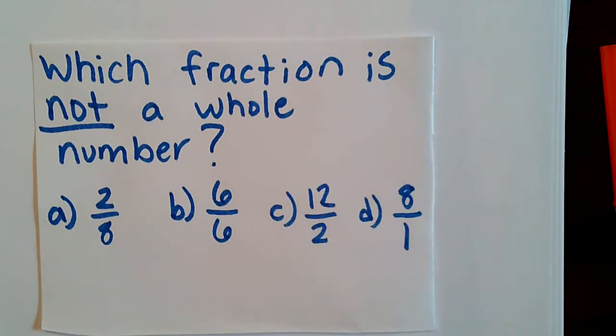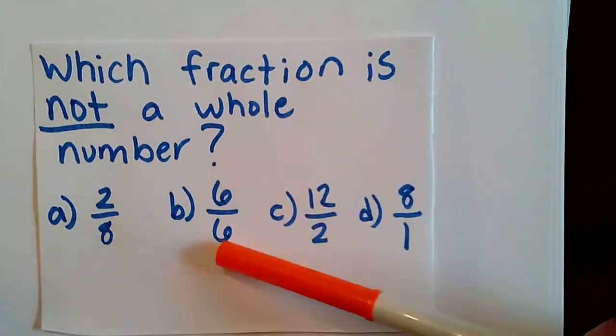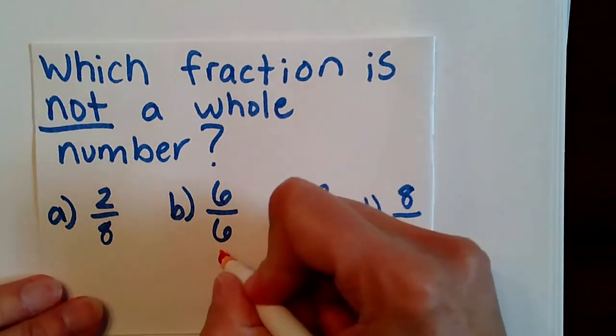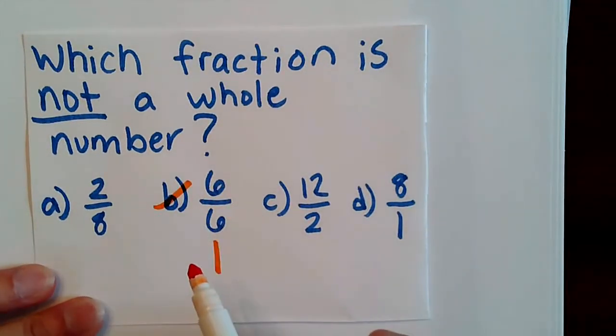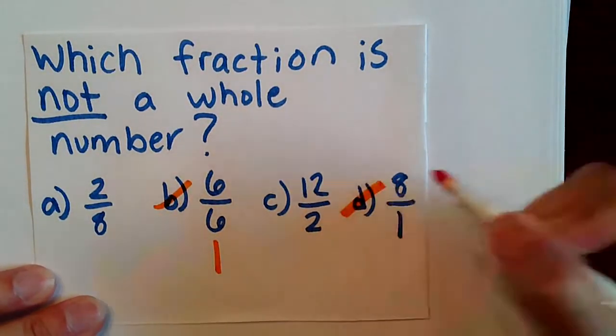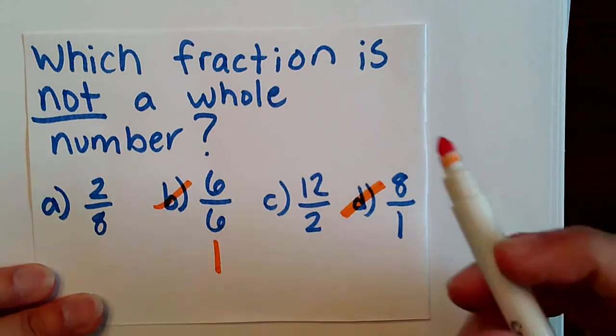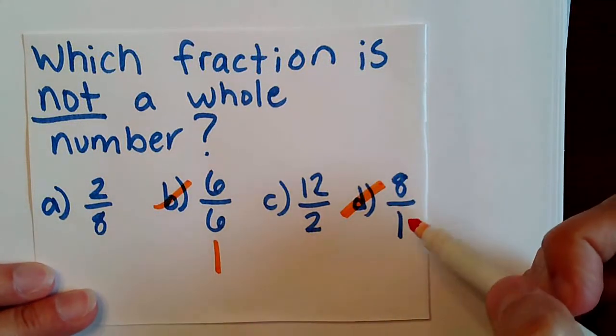Okay, so we have 6/6, which we know is equal to 1 whole. So we're going to slash that one out because it is a whole number. We have 8 wholes, which is like the one we just did. It is a whole number.